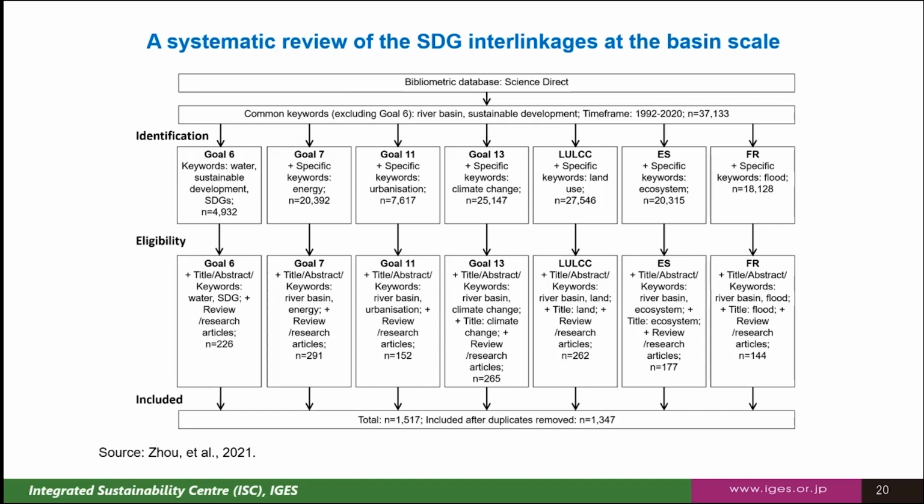The systematic review helps to extract information on the key elements and their interactions for achieving sustainable development in river basins. Our focus areas or SDGs include land use and land cover change, ecosystem services, flood risks, water demand and supply, energy, cities, and climate change.